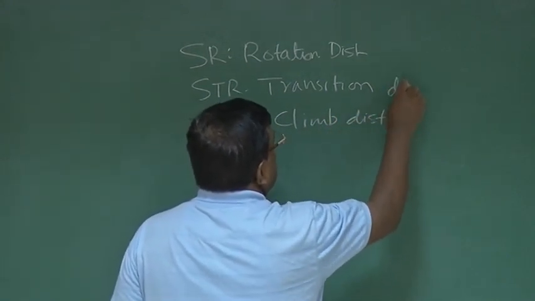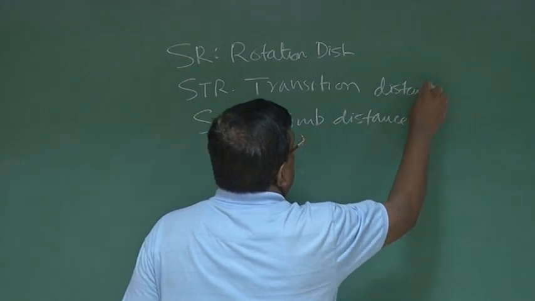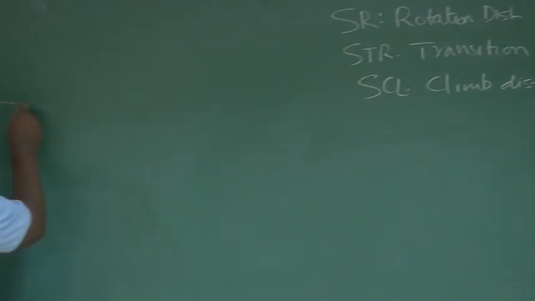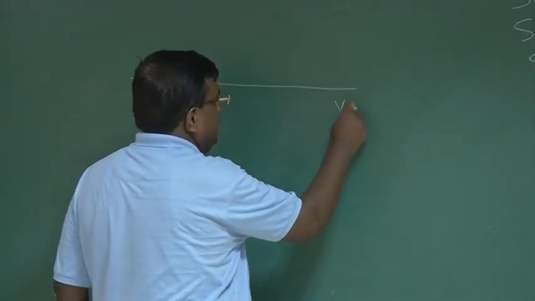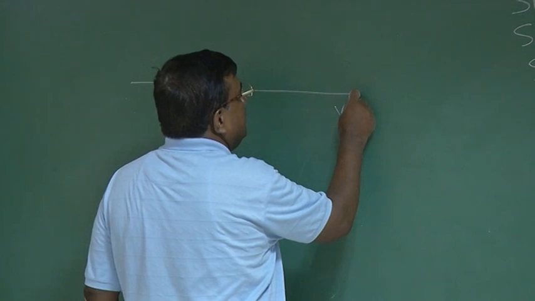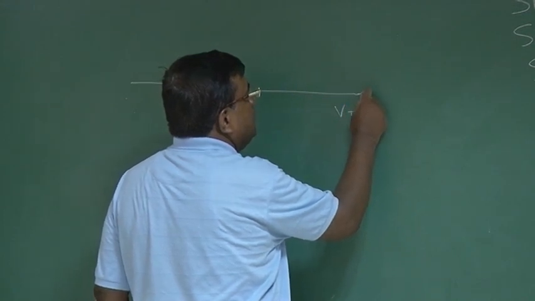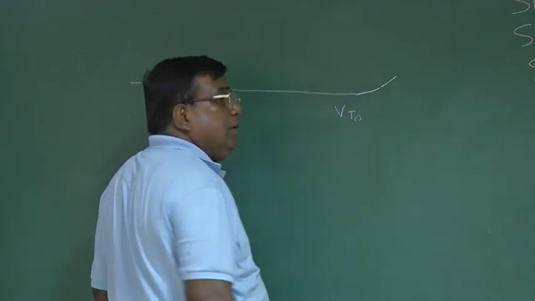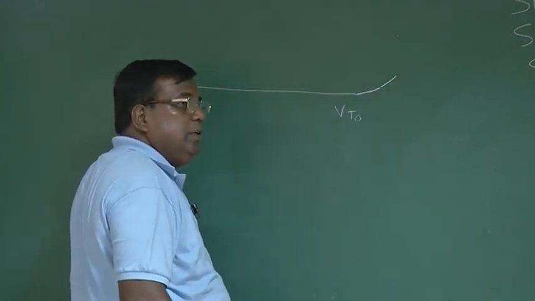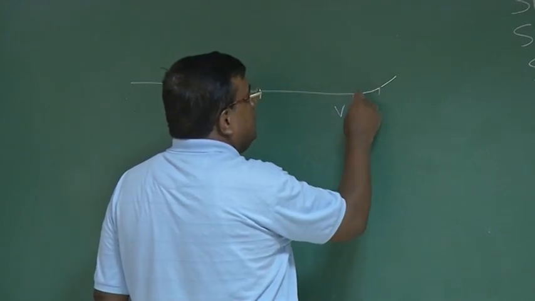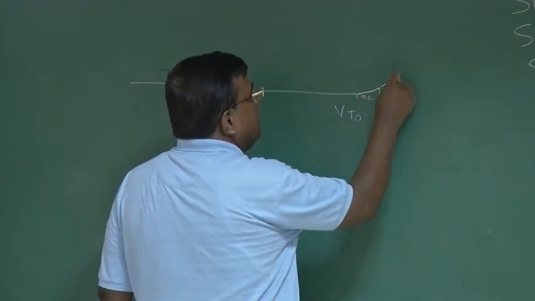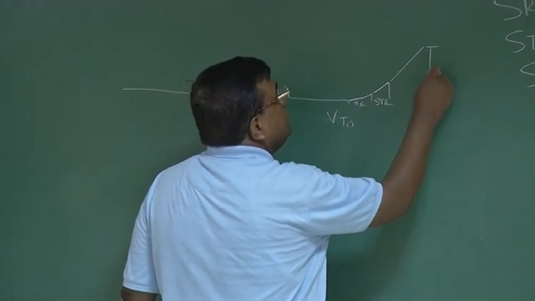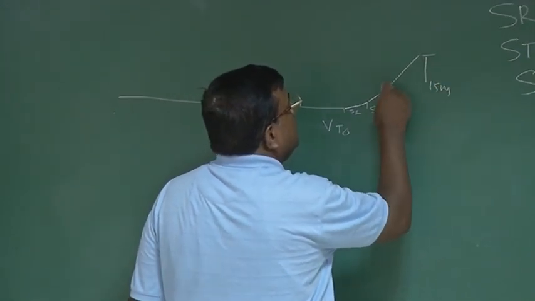What are all these? We know that the airplane starts from here, comes to a stage where it is V takeoff, then rotates for 3 seconds, then there is a transition where the pilot tries to arrange for climb. So this is SR, this is transition STR, and then there is a climb which is 15 meters.